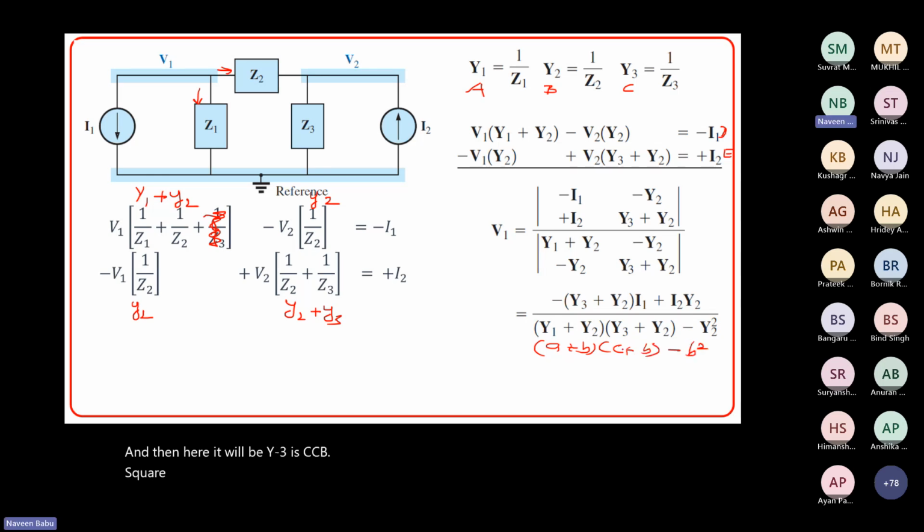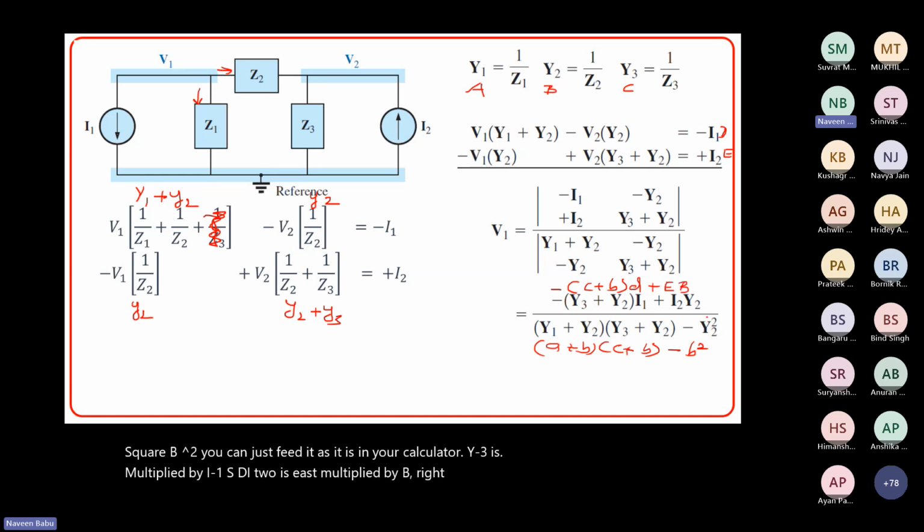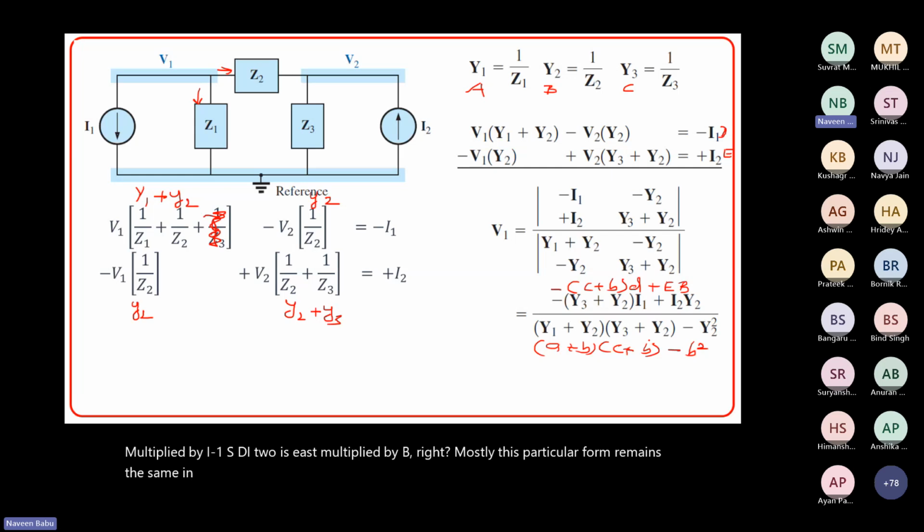You can just feed it as it is in your calculator. Y3 is C, so minus C plus B multiplied by I1 which is D, plus I2 which is E multiplied by B. Mostly this particular form remains the same in your calculators for all the problems. It is minus of C plus B into D plus EB, divided by A plus B multiplied by B plus C, minus B squared.